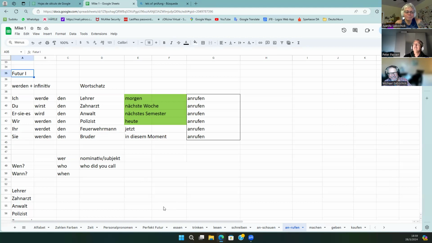Michael, wen wird sie, so on my left, top left is a woman, "wen wird sie jetzt anrufen?" "Sie wird den Anwalt jetzt anrufen." Okay, gut. Und Juanita, "wen werden wir alle in diesem Moment anrufen?" Sie werden den Bruder.